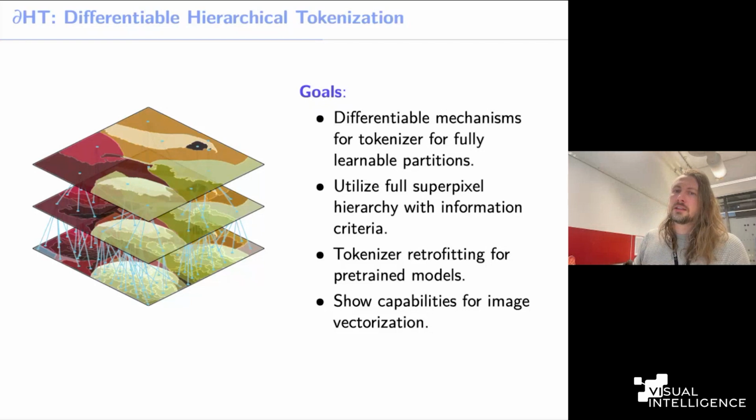We wanted to utilize the full superpixel hierarchy with an information criteria. And then we also wanted to do some retrofitting of existing ViT models by re-adapting them for new tokenization methods. And then we also wanted to show some capabilities for image vectorization.